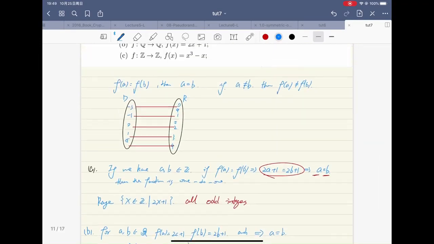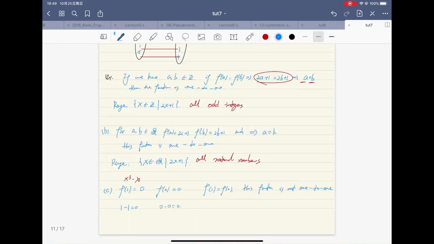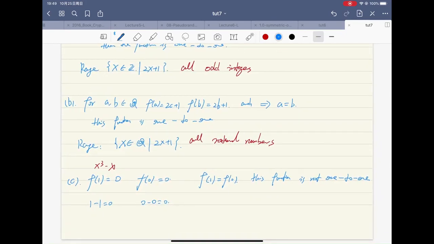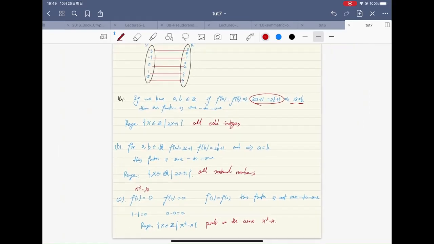And let me find the range. So the range should be x belongs to the integers and x cubed minus x. This should be the points on the curve x cubed minus x, right?